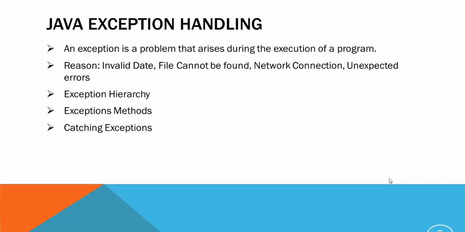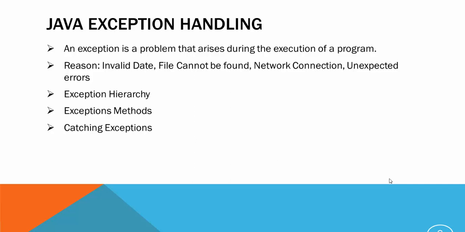The reasons for those exceptions could be invalid data that the user has passed, or the source of data may not be correct. Or it could be that I'm trying to do some activity like opening a file, and that file is not present in the system.